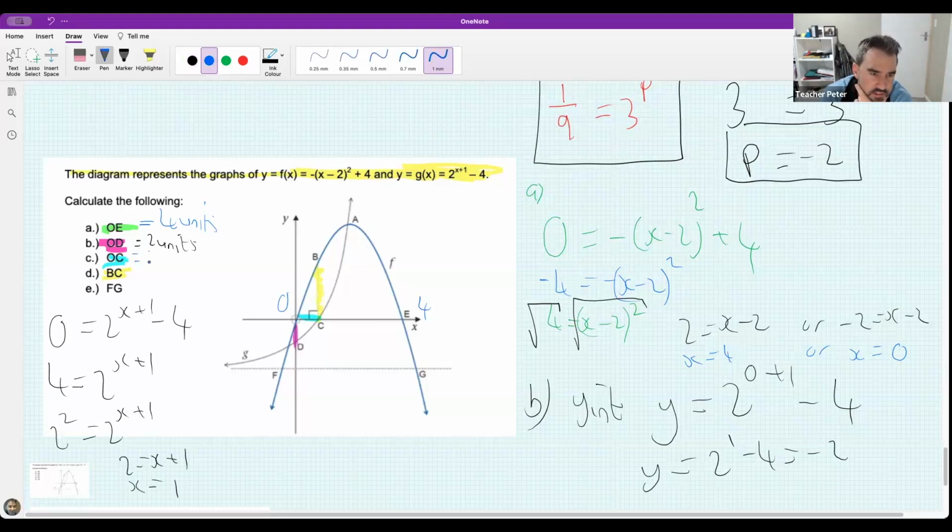My working says that is 1 unit. So it's just 1 unit.